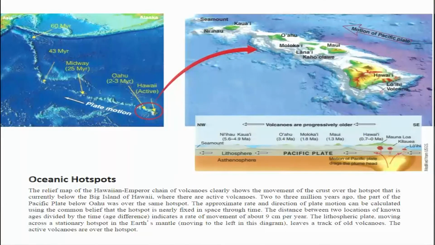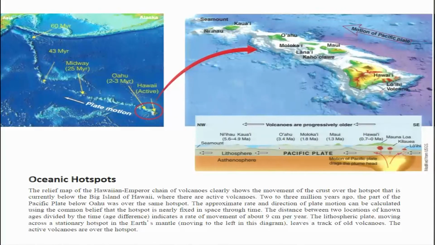This is the big island here, and these are all dormant volcanoes or seamounts. This has been shown as the present motion of the plate, which is moving above the magma chamber here.